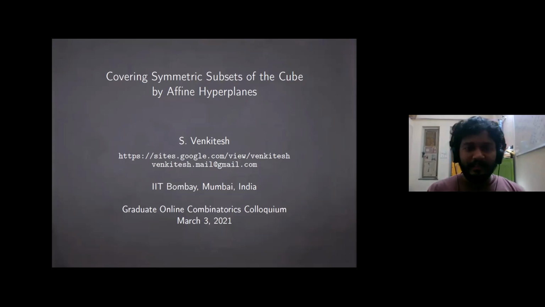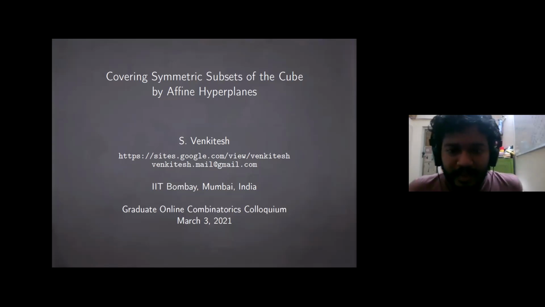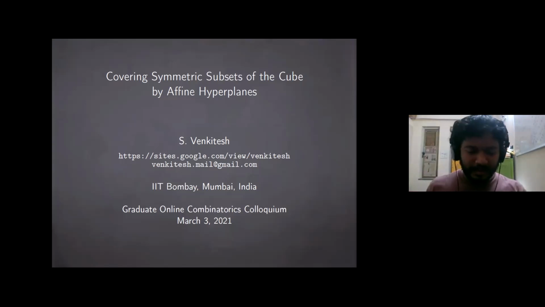So the title is covering symmetric subsets of a cube by affine hyperplanes. Let me begin by saying that the title is a ripoff from another paper by Alon and Füredi, which was titled Covering the Cube by Affine Hyperplanes. And that's where we start. So let me mention right at the outset, the field that we are working with is the reals. We are not concerned with positive characteristic.